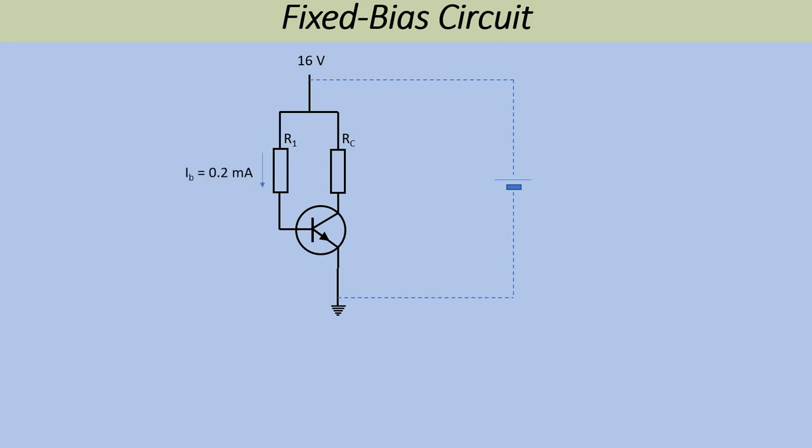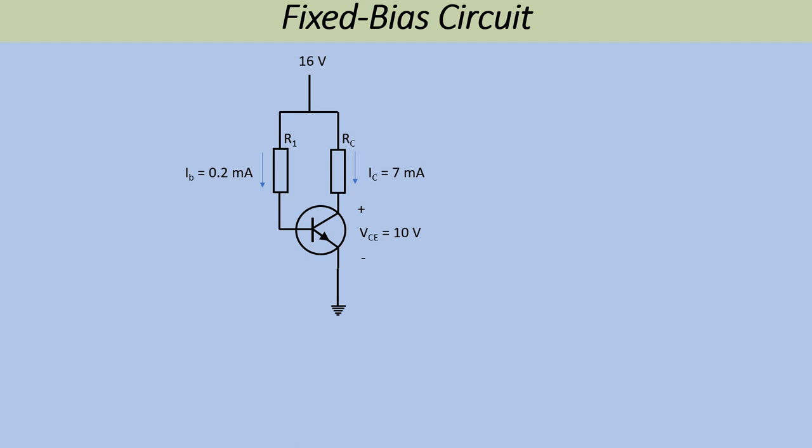We're going to require the resistors to be such as to allow these particular currents to flow into the base and collector respectively when the collector-emitter voltage is 10 volts.